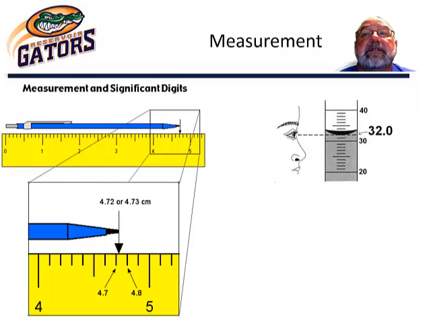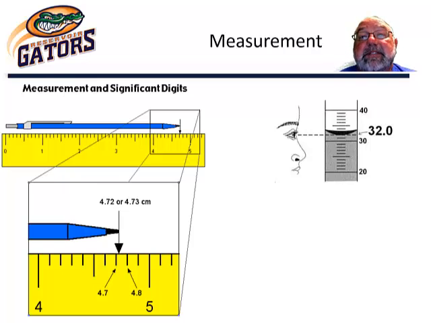In this case, it looks like the liquid is at 32.0 milliliters. We have to estimate to the digit in between the divisions on the graduated cylinder. So that's why we have to put a 0.0. All 3 of those digits are significant.